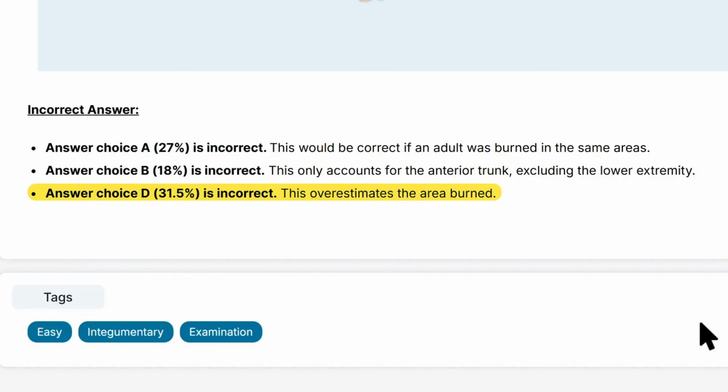In that instance, this might be correct. Or if they had burns along the anterior surfaces of the right and left extremity, then that might be right. But considering this patient only had burns along the anterior trunk and right anterior lower extremity, it overestimates and it would be too much. I hope that makes sense.